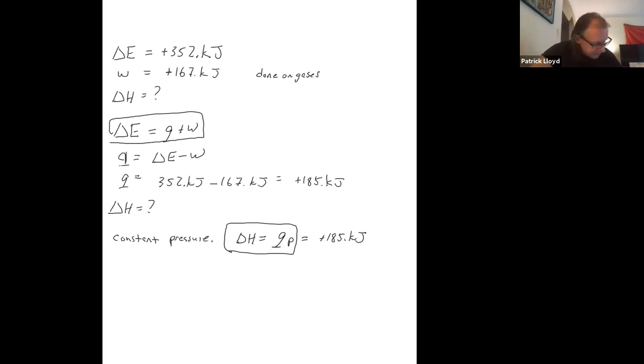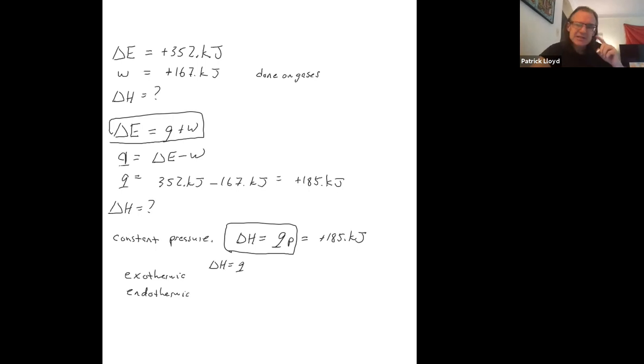Now, remember the terminology, exothermic versus endothermic. Well, since delta H equals Q, we can use the same sign convention, right? It's not like delta H equals negative Q, they're equal to each other. So whatever the sign convention for heat is, the sign convention for enthalpy changes as well.